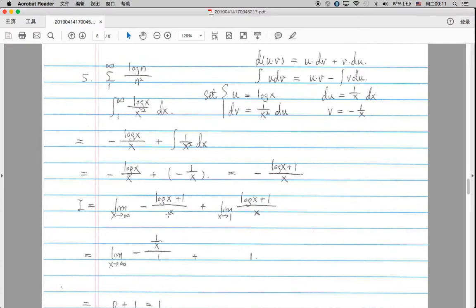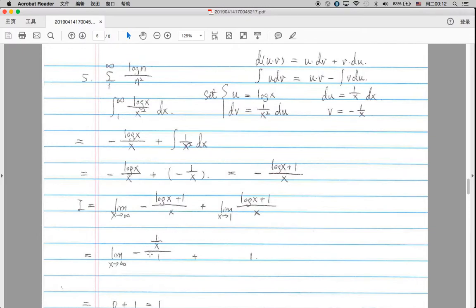So now we plug in infinity. Actually, we can divide x into both numerator and denominator. So x divided by x just gives us 1, and then log of x over x, as x approaches infinity, is basically 0.